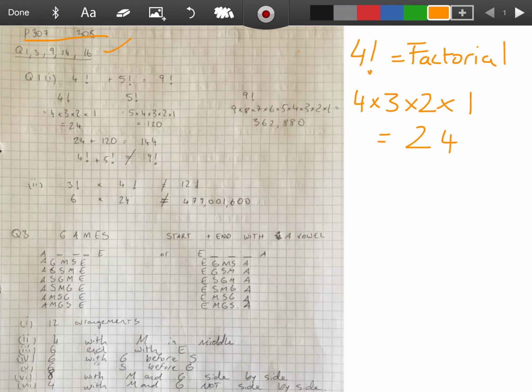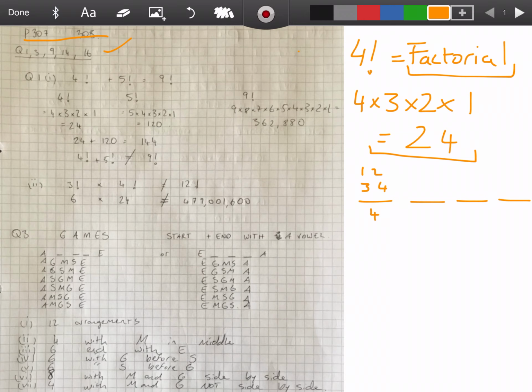So you can imagine if I had a 4-digit number, and I could use any of the numbers 1, 2, 3 or 4, but I could use each one of them only once. A simple way to work this out is by using this factorial process. Let's say I have 4 choices to pick my first number: 1 or 2 or 3 or 4. Now remember, I can only use each one once.